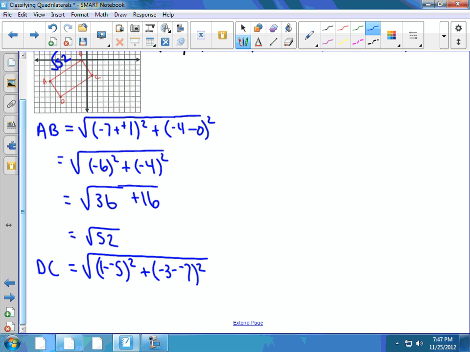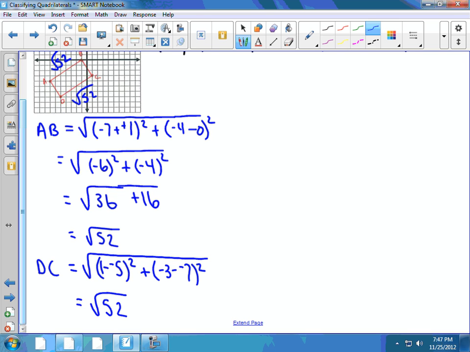And again, I'm going to use the calculator here to quickly finish up my calculations. So we end up with DC as, again, square root of 52. So once I've got those two, again, I mark it. And then now we've got to figure out the other two sets.